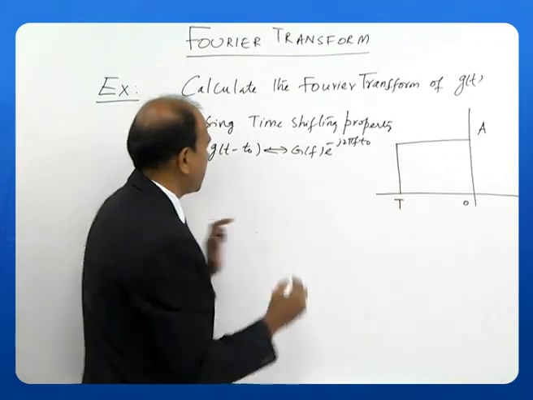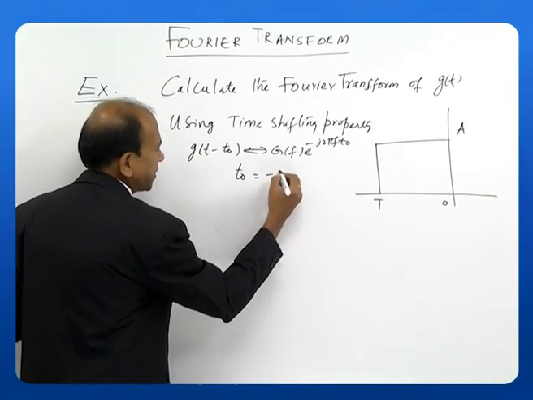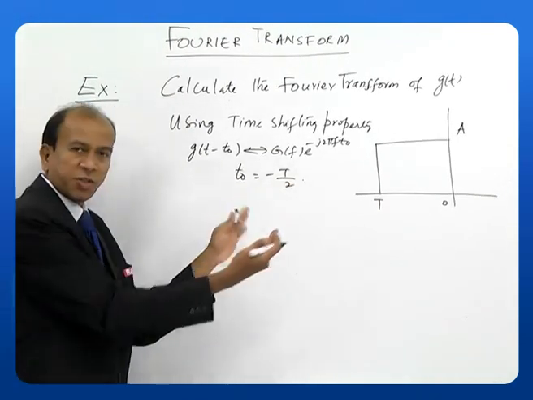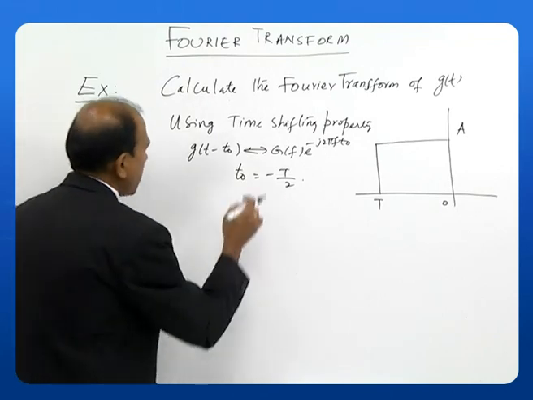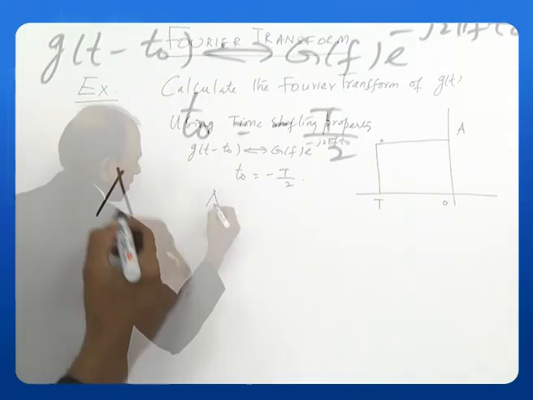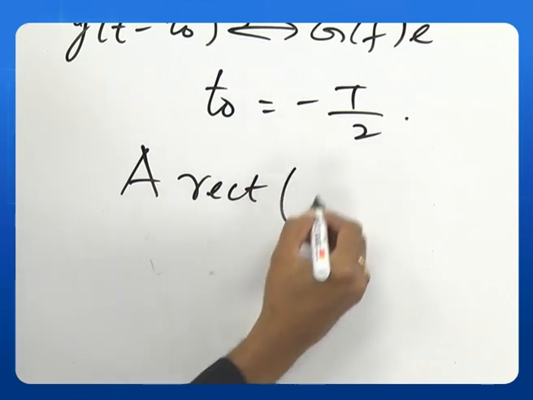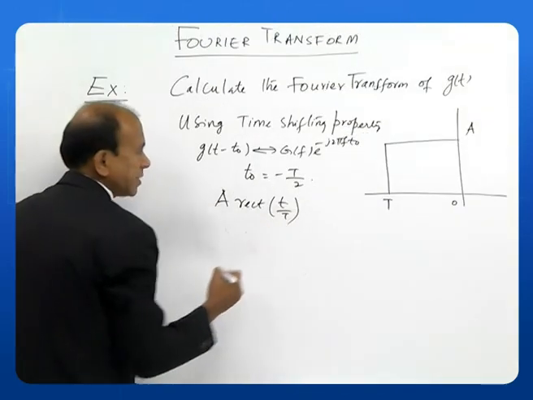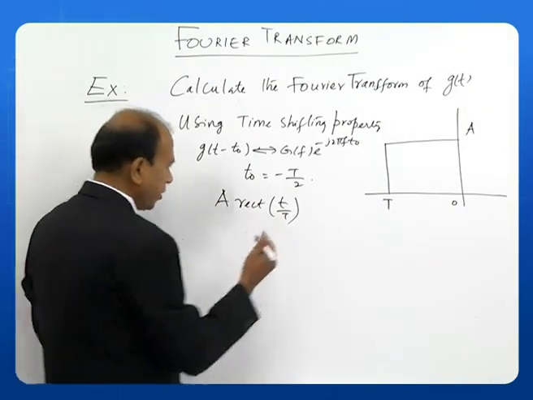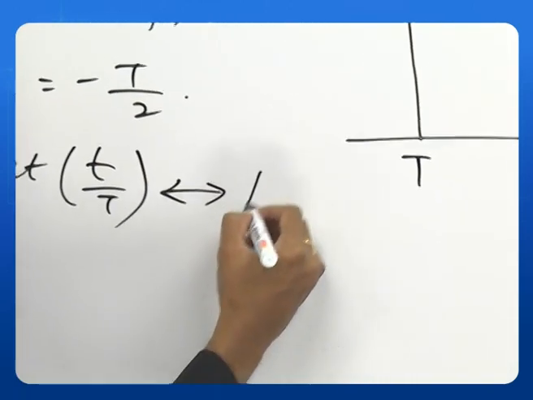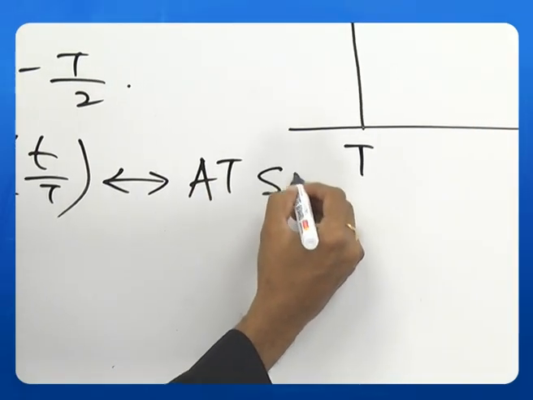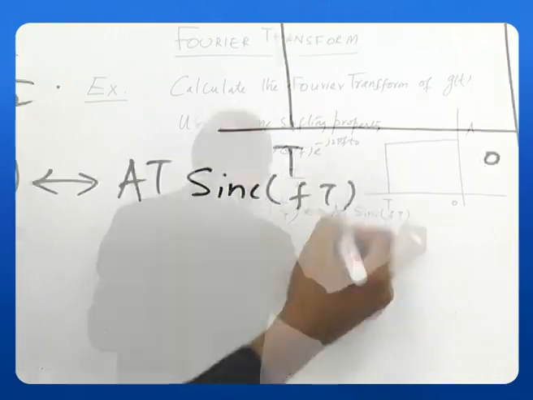So, what is the t naught here? T naught for us is here minus T by 2, because this is shifted this side, left hand side. So, recognizing this as a rectangular function, what is the Fourier transform of this? We already calculated this. So, this will be A T sinc function of f T.